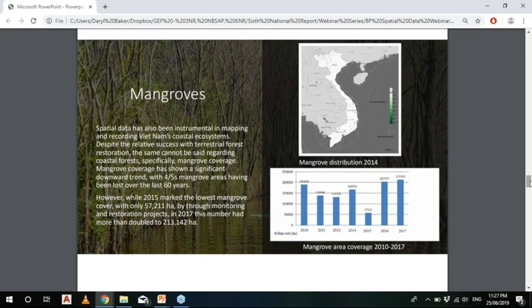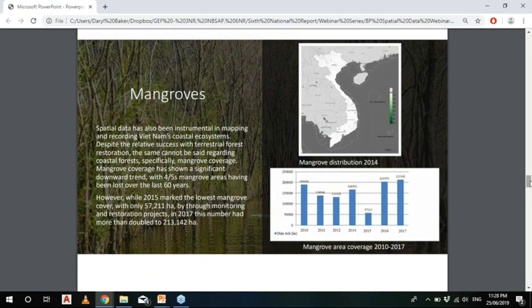About 40 to 50 years ago, the mangroves decreased significantly. However, recently, Vietnam has had different interventions, different government decrees, and also Prime Minister decisions to invest in protection and afforestation in mangrove areas.